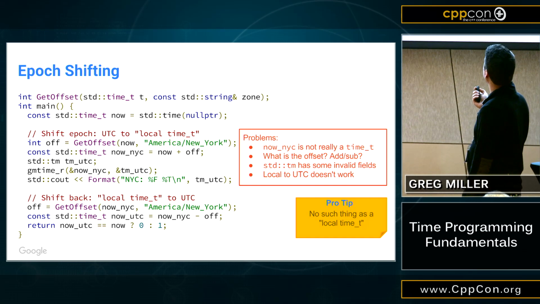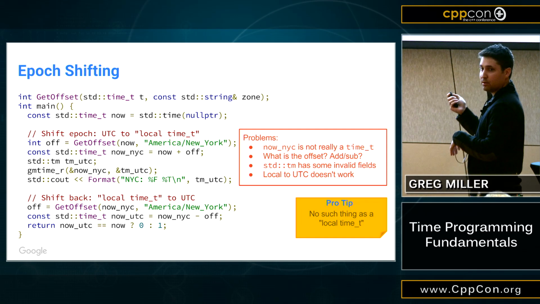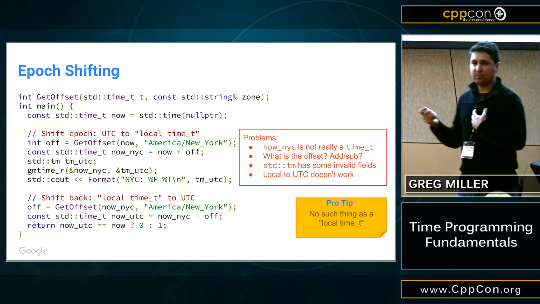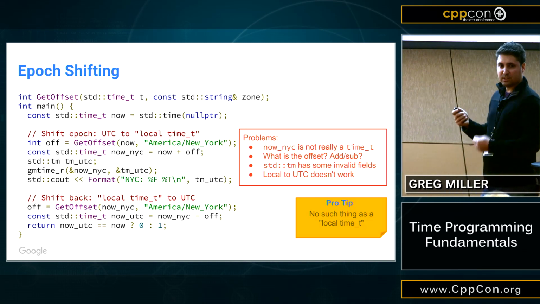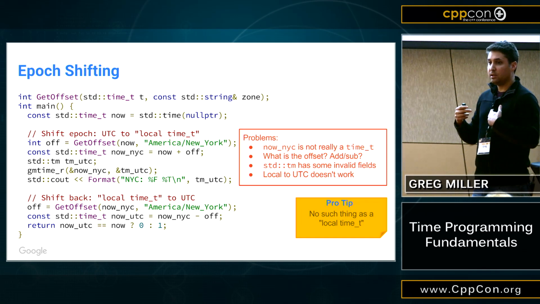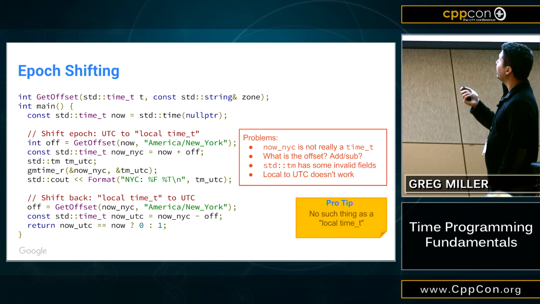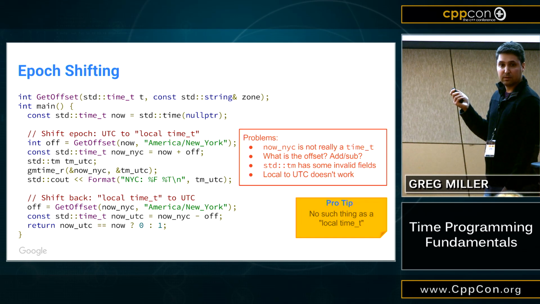And then what's another problem? What is this offset? As the person writing this code, I have to be somewhat of a time expert because I have to understand, what is this offset? Is this an offset from UTC to me or from me to UTC? And I need to know that because I need to figure out whether I add or subtract here. We've seen lots of code that looks right, except this sign is wrong.